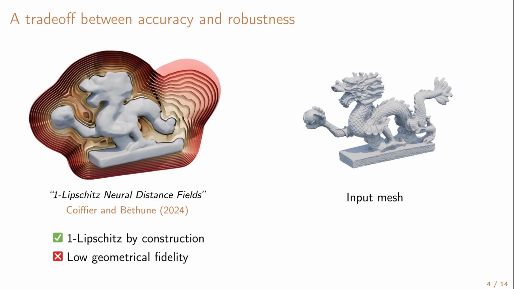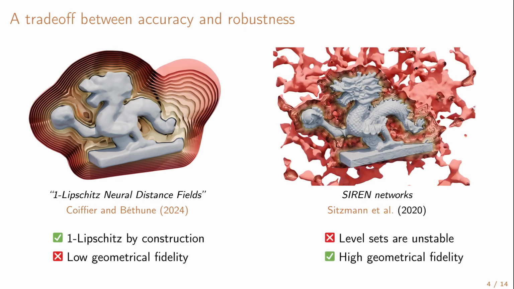To counter this bias, some other methods have tried to develop architectures that are able to reconstruct the zero-level set, but this accuracy now comes at the cost of a very irregular level set further away from the surface. So it seems that there is some kind of trade-off between the two conditions that we would like to be true for our representation, between robustness and accuracy.